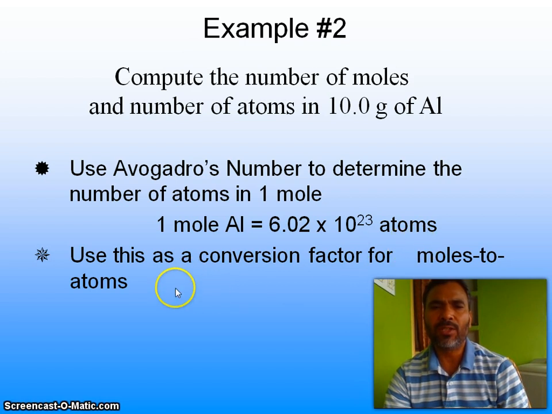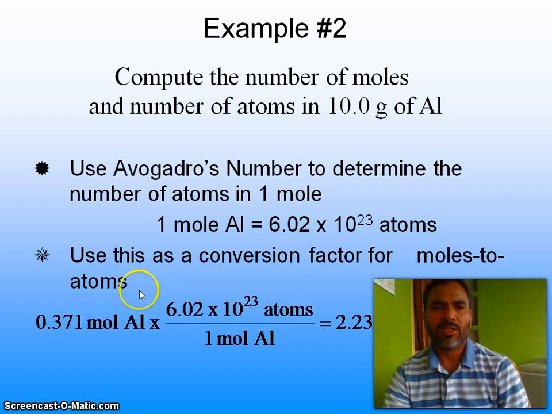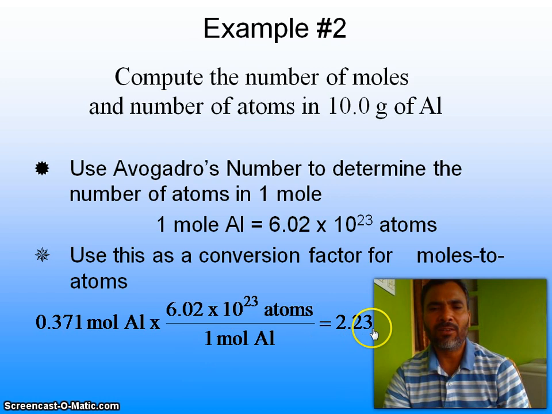So this is 0.371 mole aluminum, and now you have to convert into atoms. 1 mole aluminum is equal to 6.02 times 10 to the power 23 atoms, so the mole will cancel out, and you will get the answer in atoms.